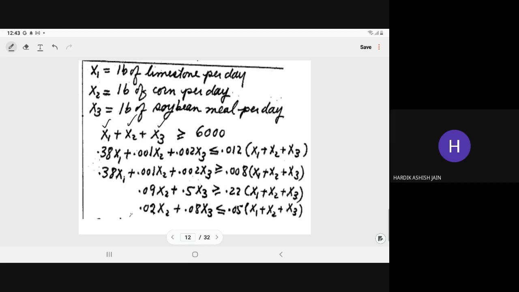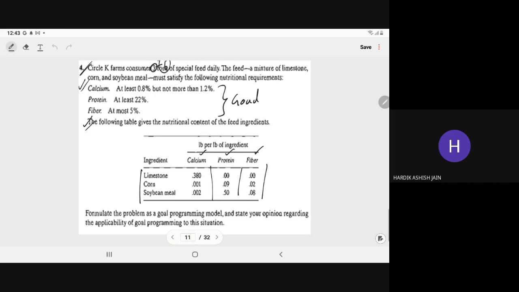Now the constraints: one for the calcium, one for the protein, and one for the fiber. So how much calcium are you getting? You are getting 0.38 pound from the limestone, 0.001 from the corn, and 0.002 from the soybean.